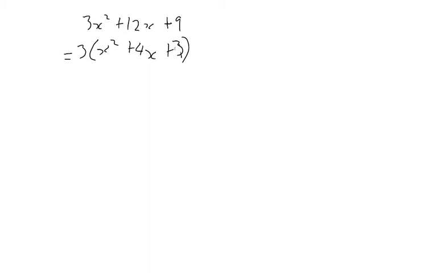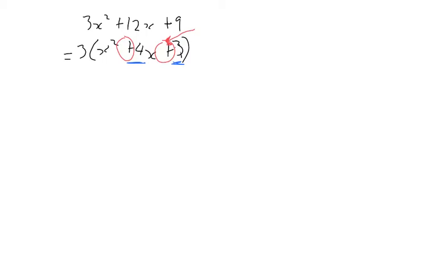Now remember, we want two numbers that multiply together to give us 3 and add up together to give us 4. Now, we need to look at the signs here. If this sign here is positive, then that means the numbers that we're looking for have to be either both positive or both negative.